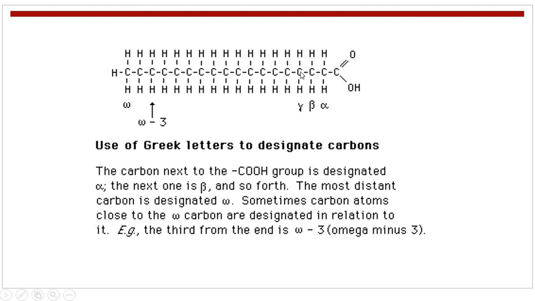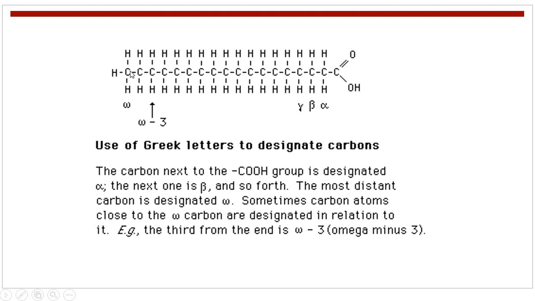This is the gamma carbon. In beta oxidation, there is a cleavage between the alpha and the beta carbon. This results in the successive removal of two carbon compounds, leading to the generation of acetyl coenzyme A and energy.